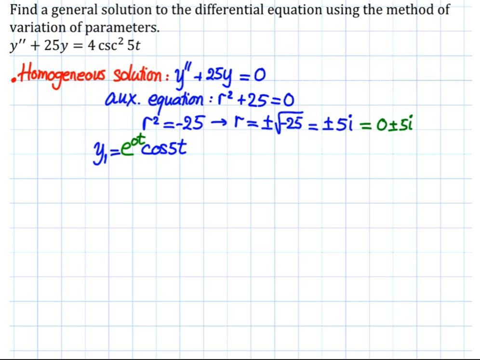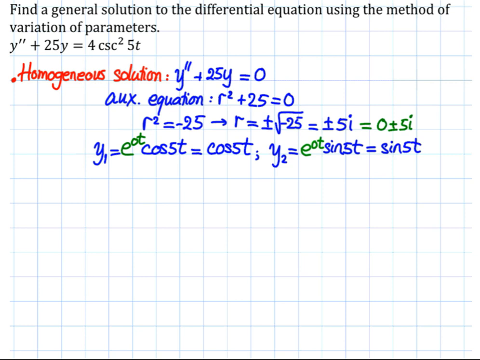E to the 0 power is 1, so pretty much just cosine of 5t. And y2 will be e to the 0t, which is also 1, and then sine 5t. So it is just sine of 5t. Right. So we have y1 and y2.